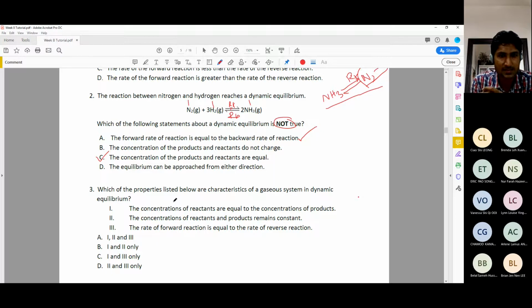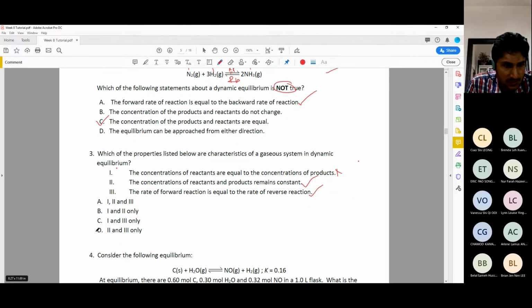Whether it's a gaseous system or an aqueous system, it's the same thing, so it is not the characteristic. The concentrations of reactants and product remain constant. Yes. The rate of the forward reaction is equal to the rate of the reverse reaction. Yes, this is true. So 2 and 3 are the correct answers.